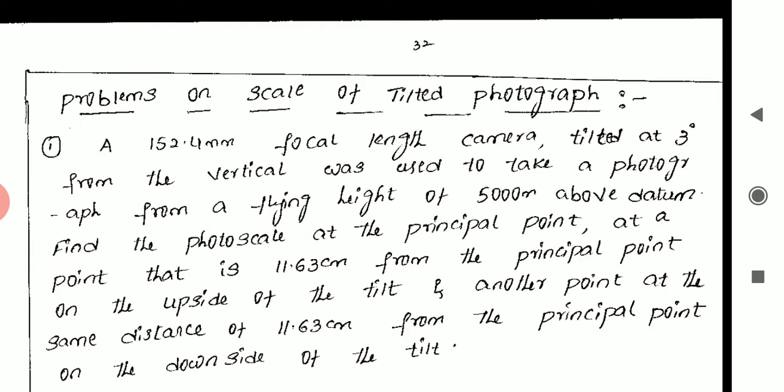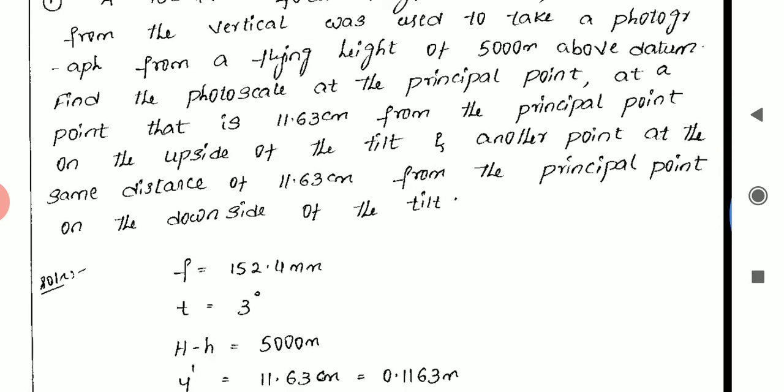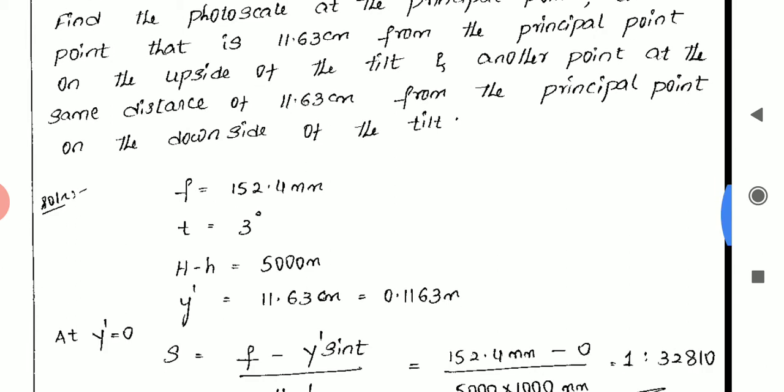Find the photo scale at the principal point, at a point that is 11.63 centimeter from the principal point on the upside of the tilt, and another point at the same distance of 11.63 centimeter from the principal point on the downside of the tilt.